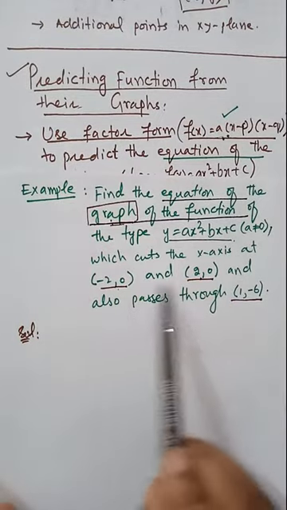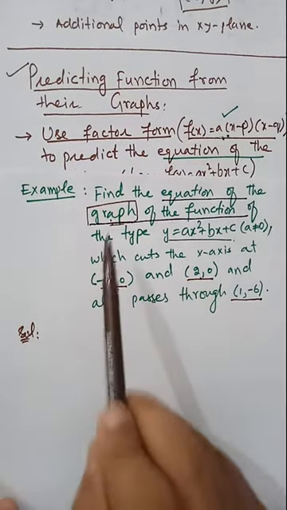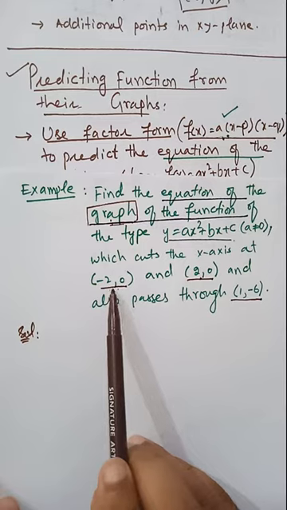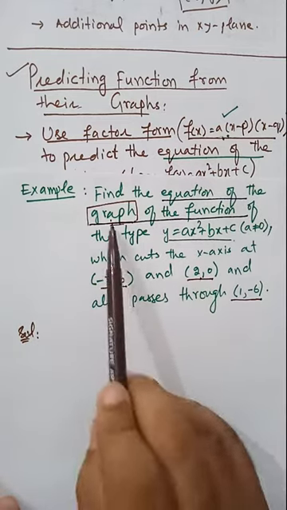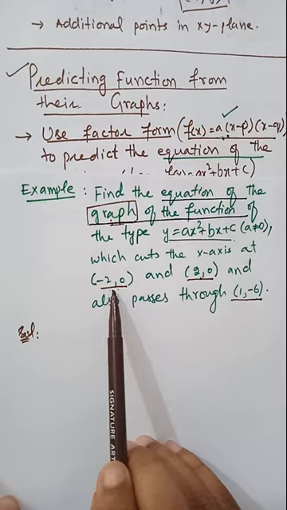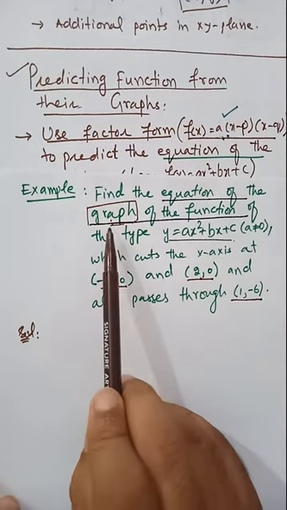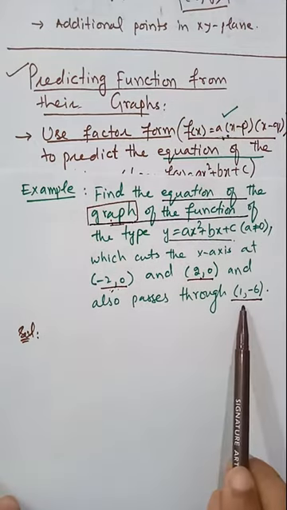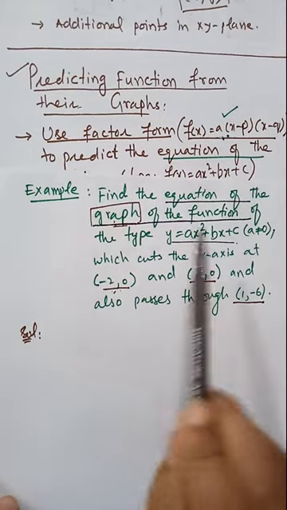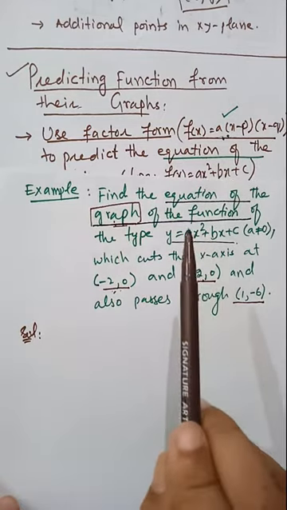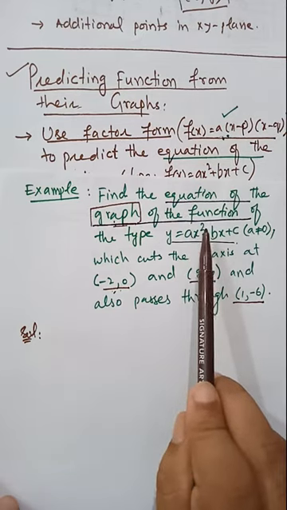But some information is given about the graph: that the graph passes through these two points, and these are the points on the x-axis. So the graph passes through the x-axis at these two points, and it also passes through this point, meaning this point lies on the graph of the function, and we need the equation of that function.